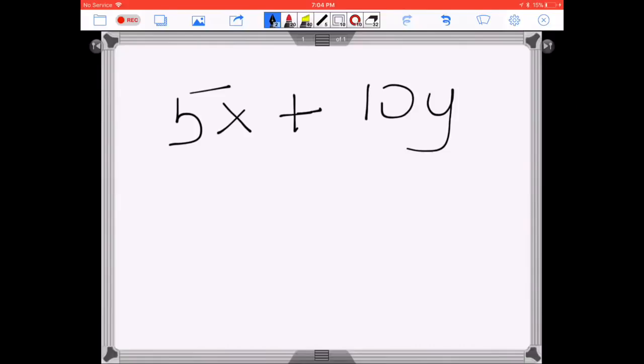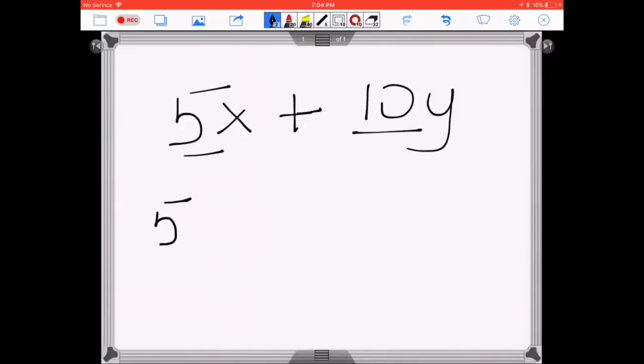But if we look at the numbers, at these coefficients, one of them is a 5 and one of them is a 10. So what is the biggest number that can be divided into either of those numbers? Of course the answer is 5. 5 is the biggest number that will go into both of those numbers.